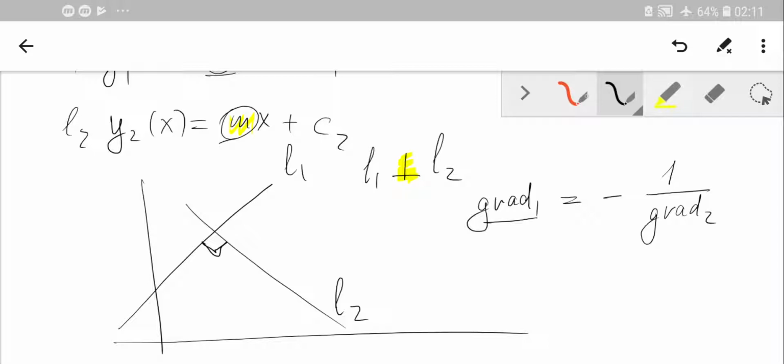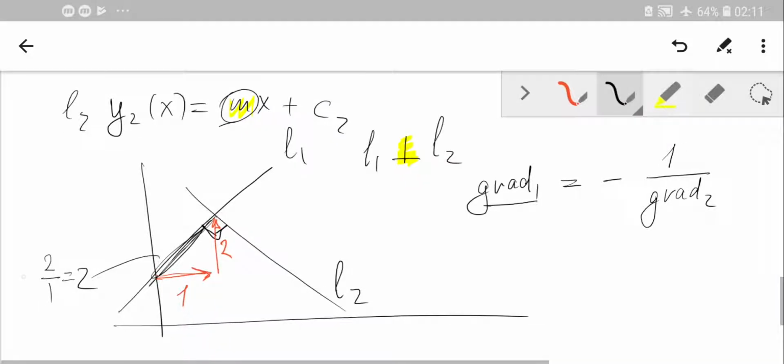How to prove that? I'll just show you on numbers. Let's say we have one step here and 2 steps here. So the gradient of line 1 should be 2 to 1, which is 2. So this is for L1, gradient 1.